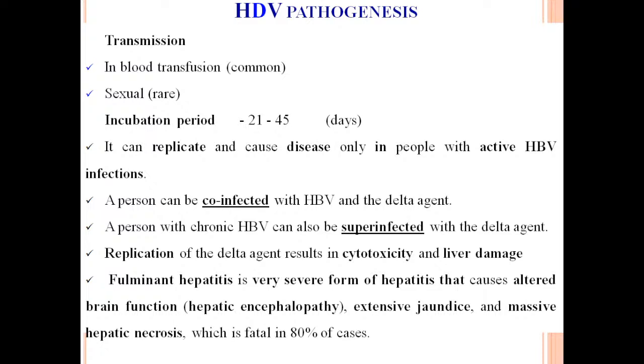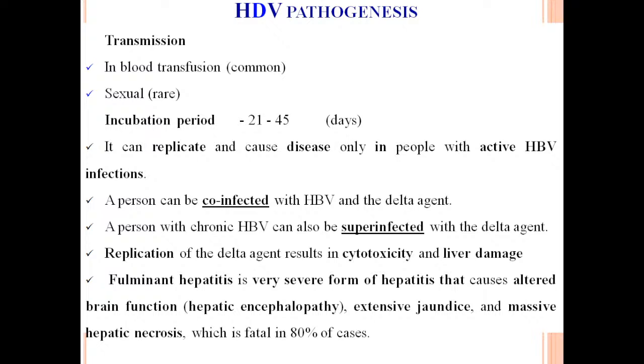A person with chronic hepatitis B virus can also be superinfected with the delta agent. Co-infected is when hepatitis B and hepatitis D infect the person at one time. Superinfected means that firstly the person is infected with hepatitis B and after that is infected by hepatitis D.